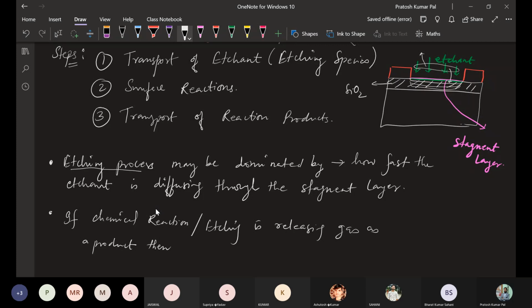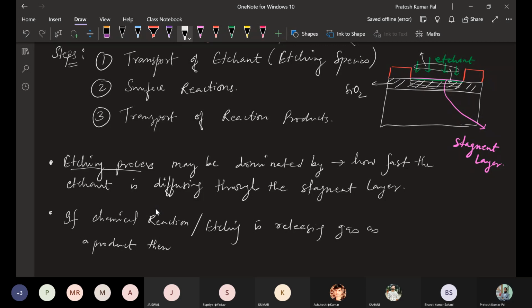So there will always be a layer available to react. Okay, so in that case, if gas is the byproduct, the etching is not going to be governed by diffusion. In that case, diffusion is not going to govern the etching process.